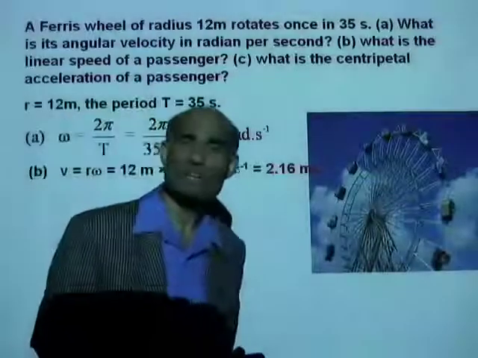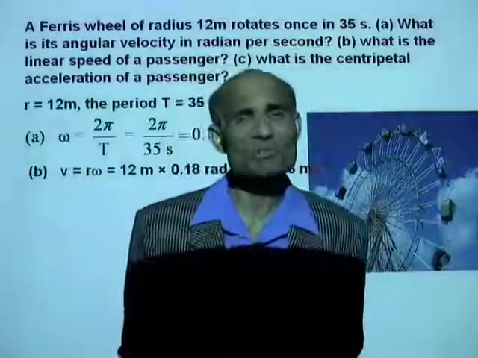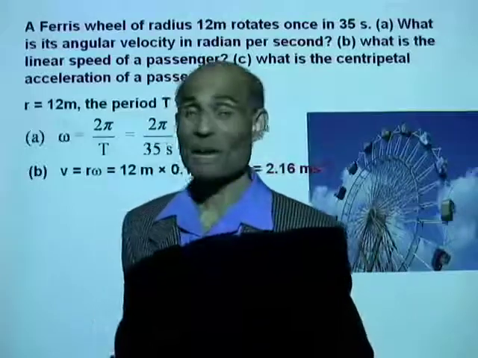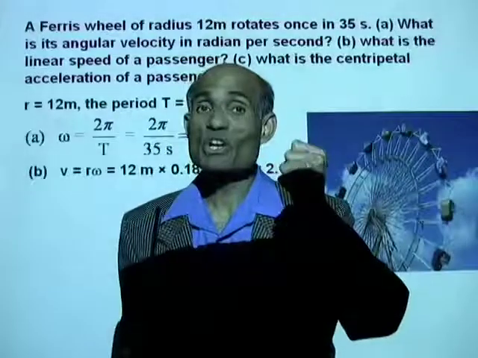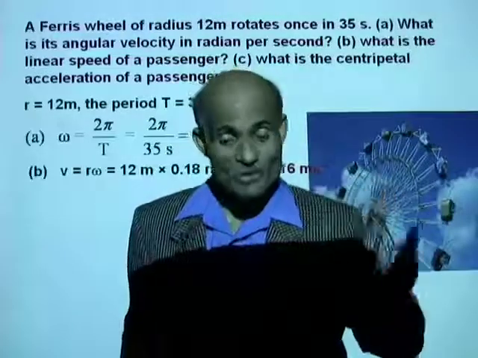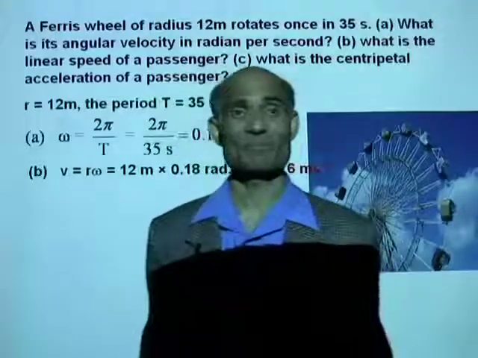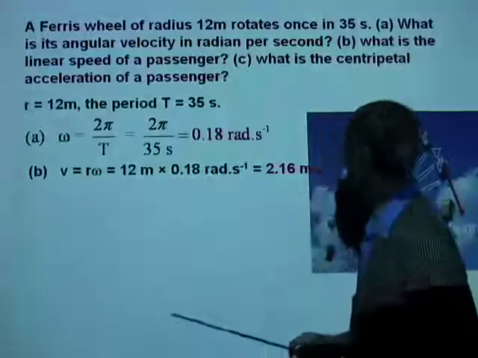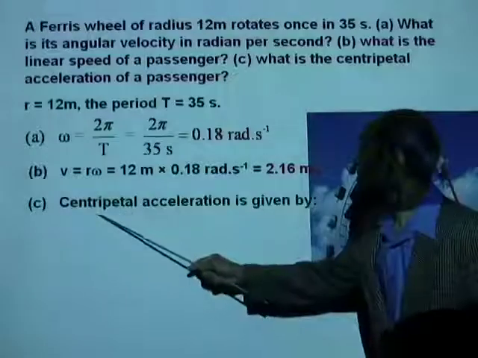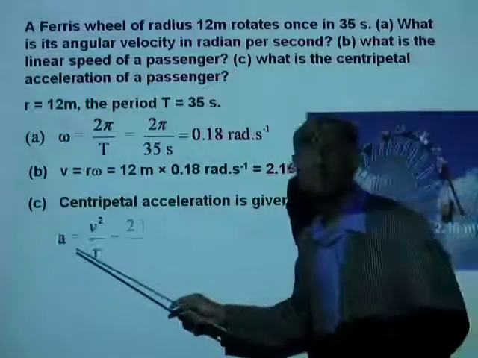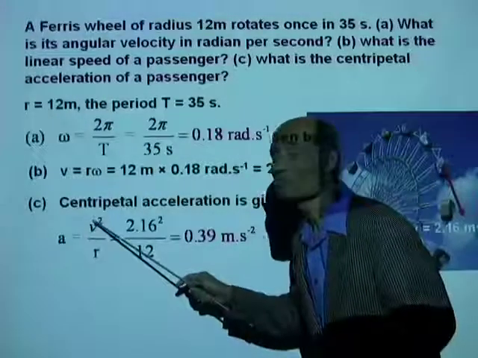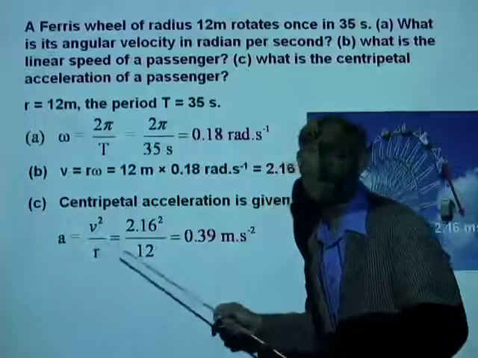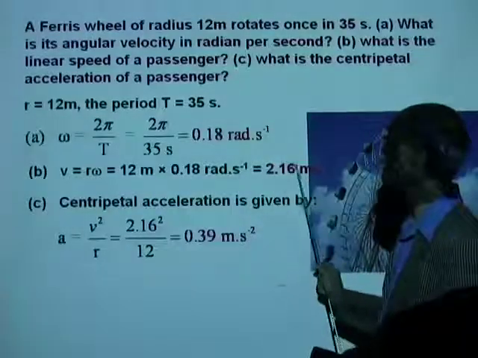And the next one, what is the centripetal acceleration? Do you remember the equation for centripetal acceleration? We have that equation using linear speed and also the angular velocity. Well, the centripetal acceleration is given by a equal to v squared over r. We just calculated v.